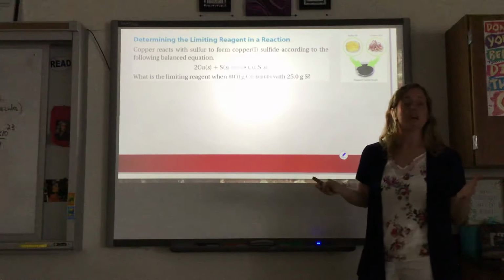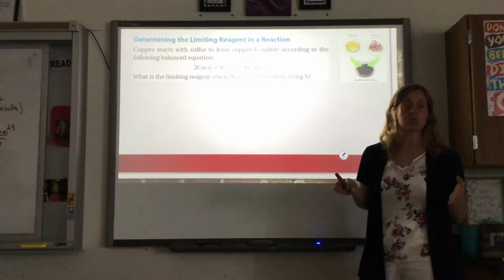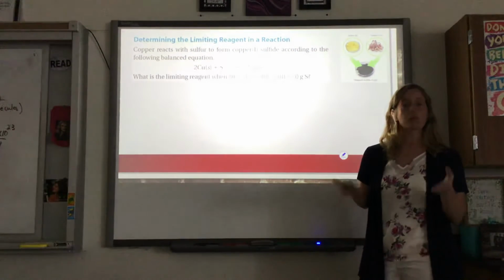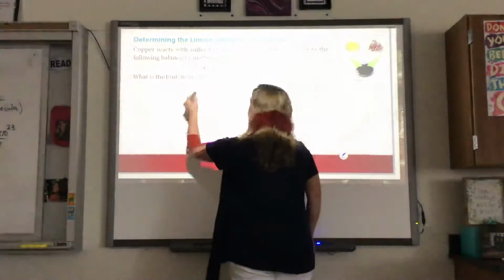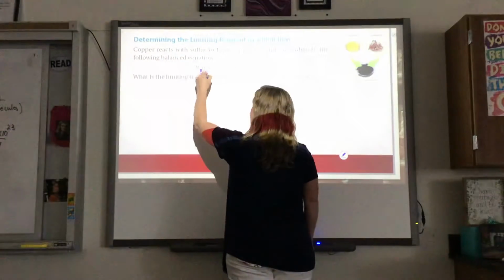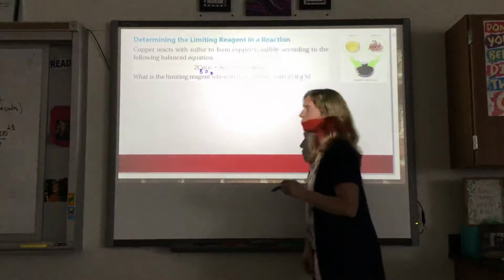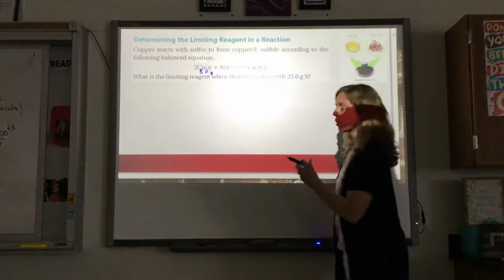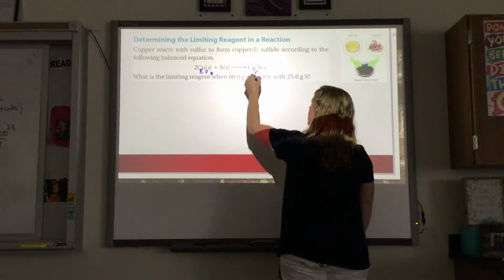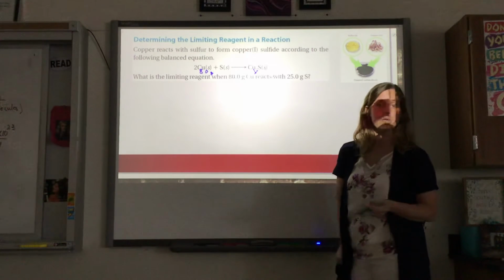So we're going to have to set up two mass-mass calculations in order to figure this out, both solving for the same X, or the product of the reaction. In the first one, I have 80 grams of copper. Now, I'm going to react that with sulfur, and I'm looking to see how many grams of copper(I) sulfide is produced.